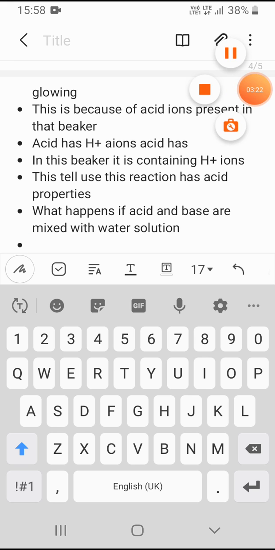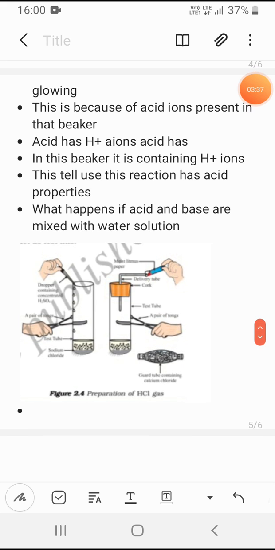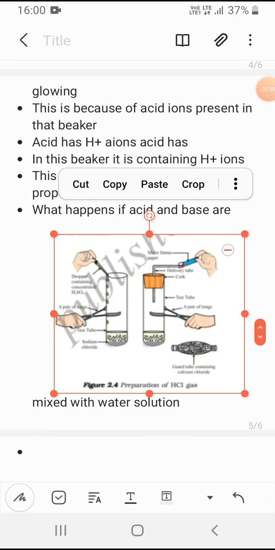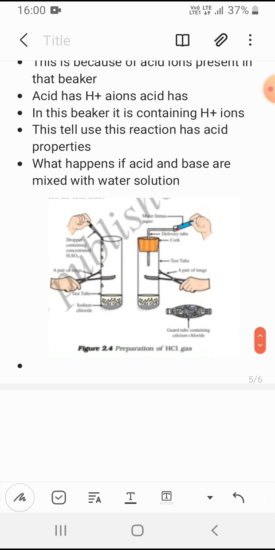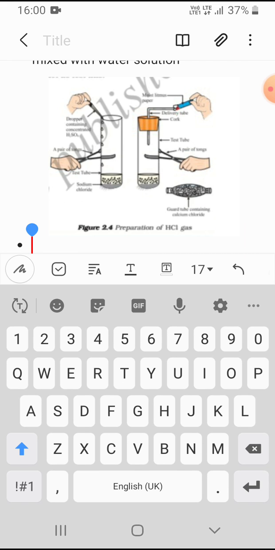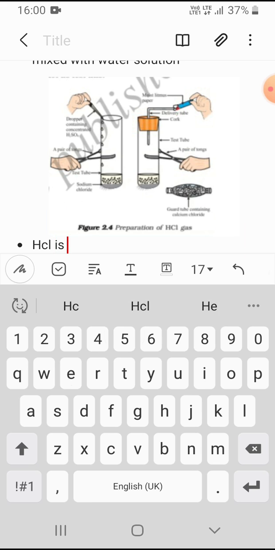Let's know about this also, as we learned what happens when carbonates react with acid or base, and what happens with metals and non-metals. Now let's know about the preparation of HCl. So HCl is taken here.